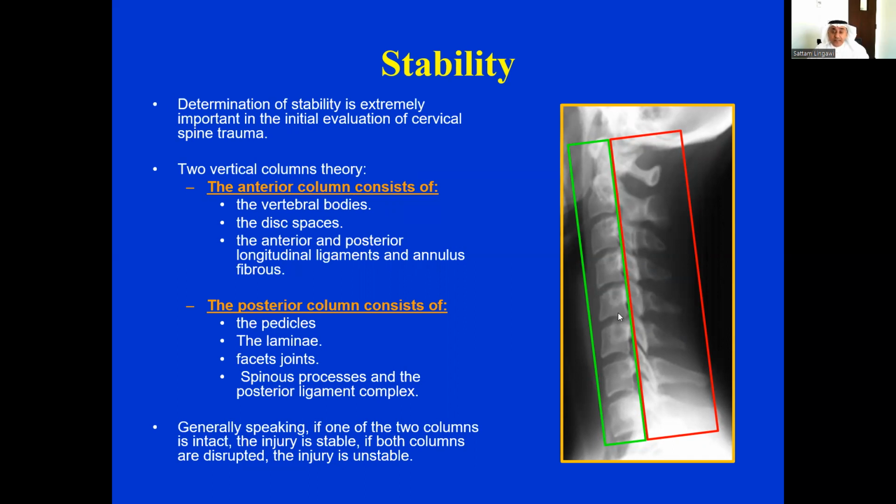In order to have an unstable fracture, both columns should be involved. The intactness of a column is usually indicative of stable injury.